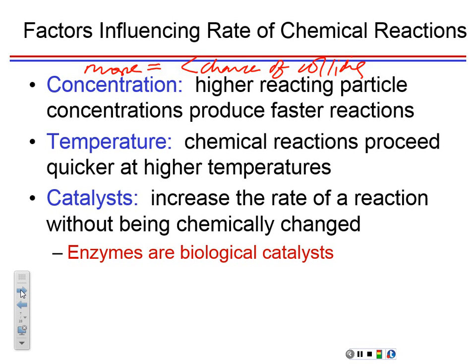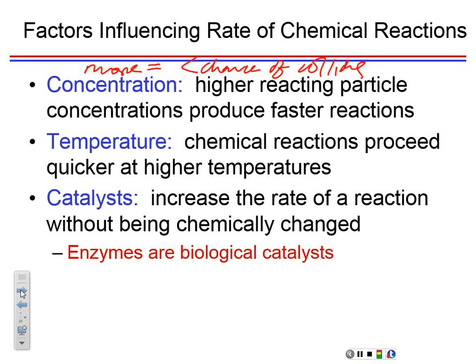So it's important that when you describe how a catalyst affects the rate of a reaction, you have to mention that it itself is not changed, because it's very specific for one compound, it will only attach to a certain compound. You know, that enzyme lock and key thing. If you change the structure of that enzyme, which is a protein, then it's not going to be able to attach to those reactants anymore.